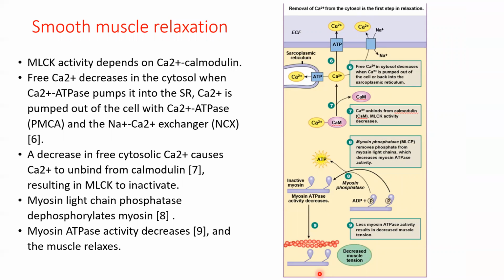All right? So I need another system here. And the other system is this thing called myosin phosphatase, which removes the phosphate from the myosin head, and now the muscle can relax. So I need both things. I need to take the calcium away, but I also need the phosphatase to remove the phosphate from the myosin head.